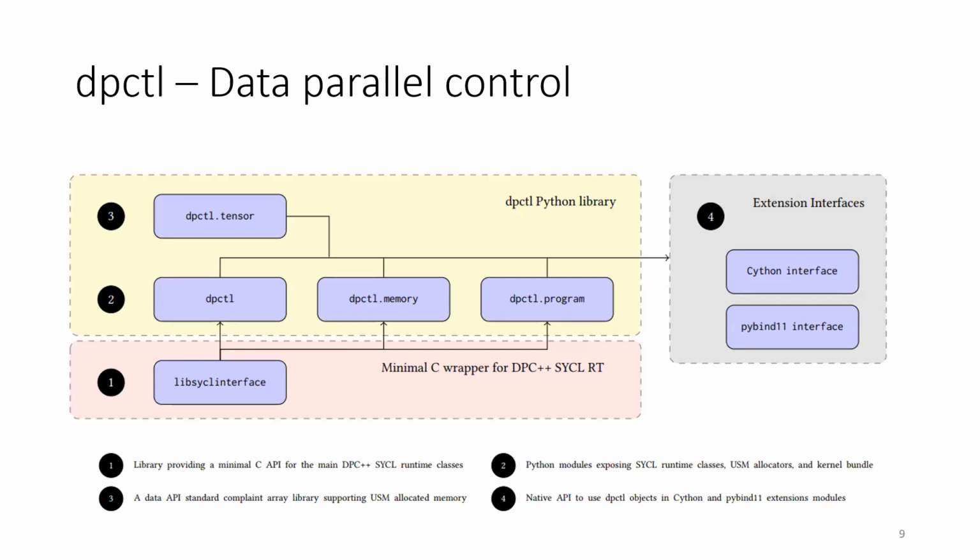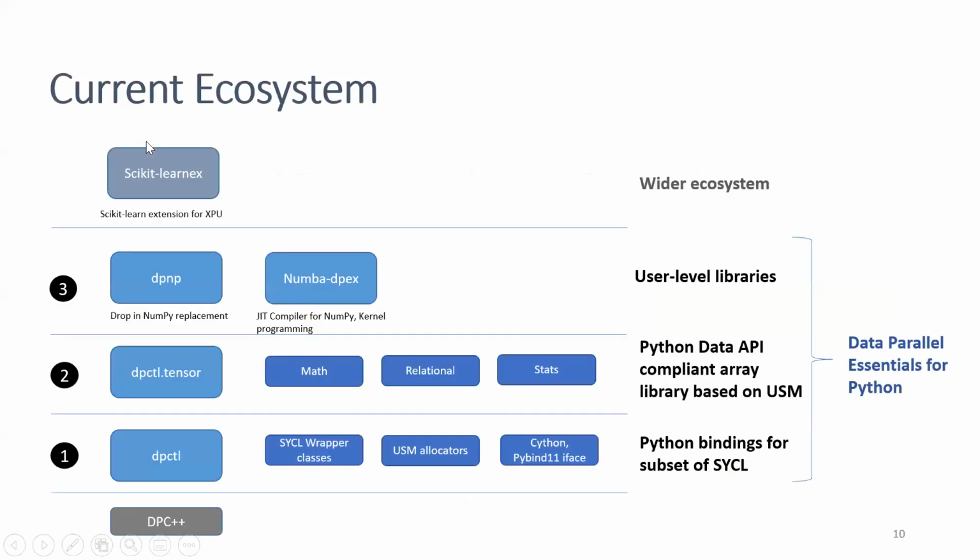So let me move to the next slide. This is the current ecosystem of the Data Parallel Extensions for Python. Previously we used to call it DPPY, which is Data Parallel Python, but now it's Data Parallel Extensions for Python. It is a suite of packages implementing a common programming model for XPU offloading from Python.